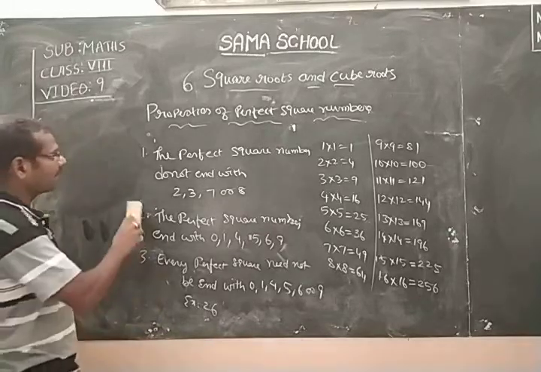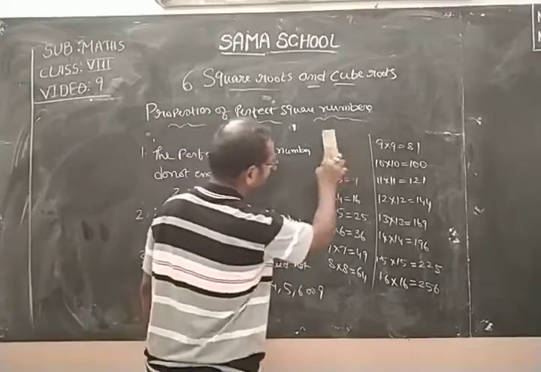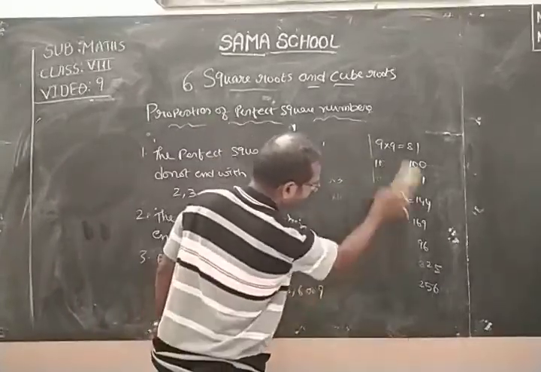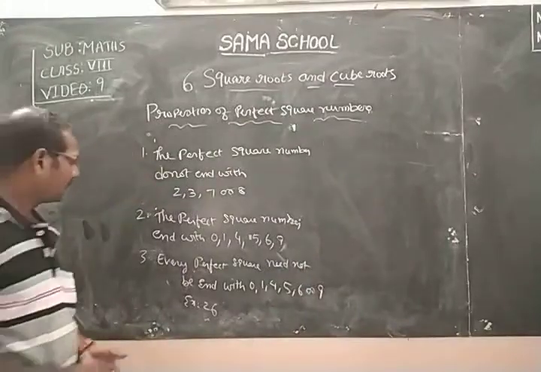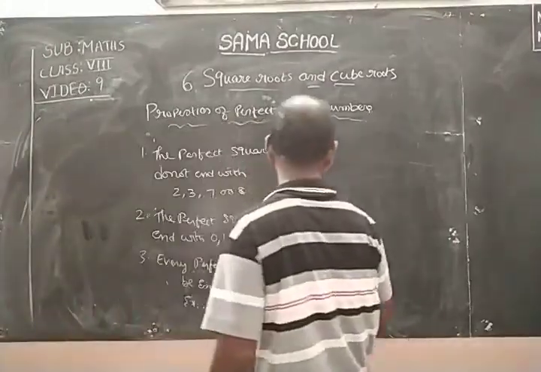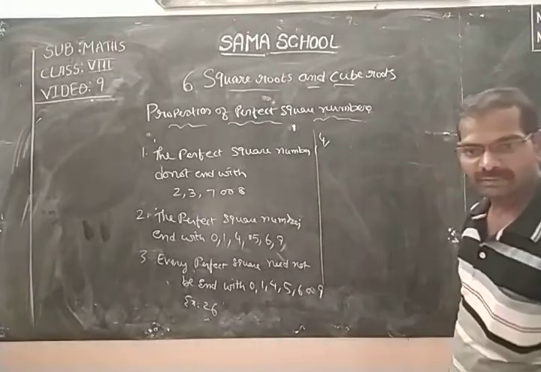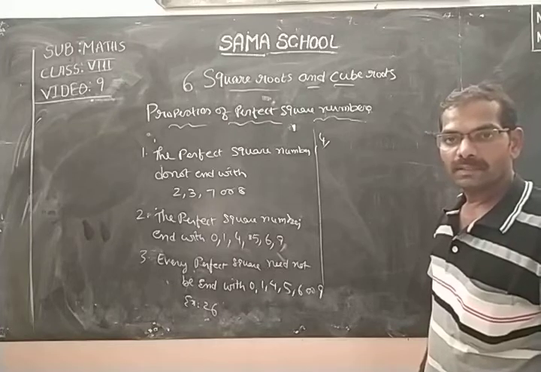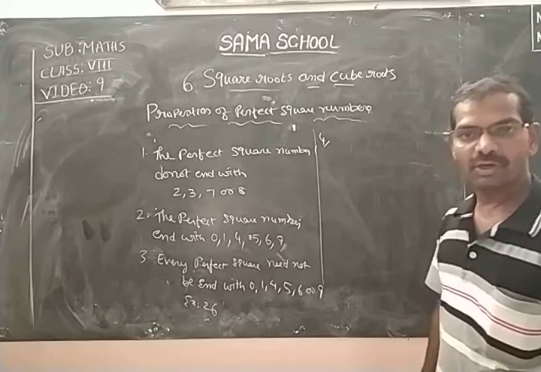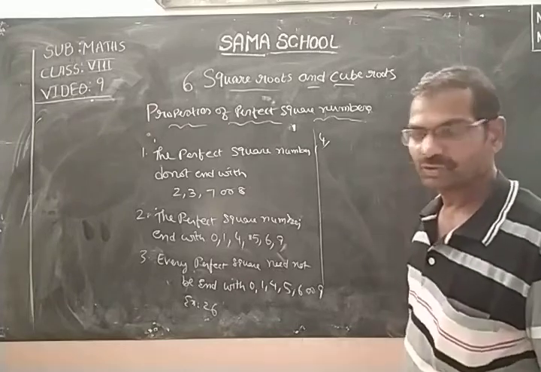Okay, I am writing this. Another point I will discuss now. And fourth point: for every perfect square that ends with 0, the number should have an even number of zeros.